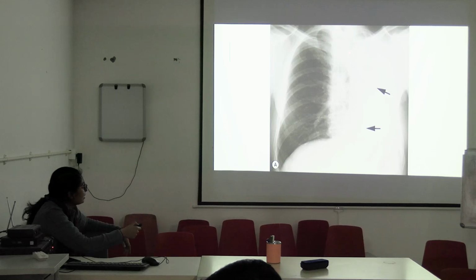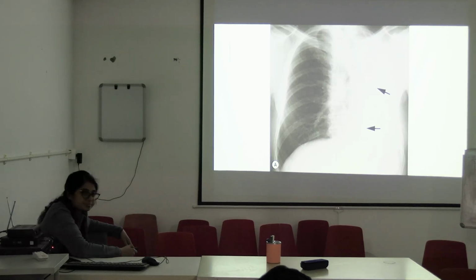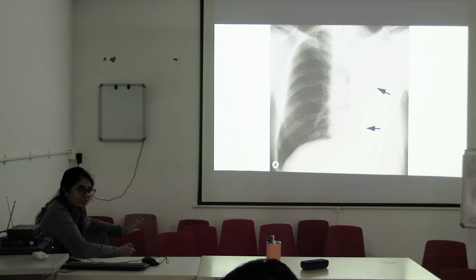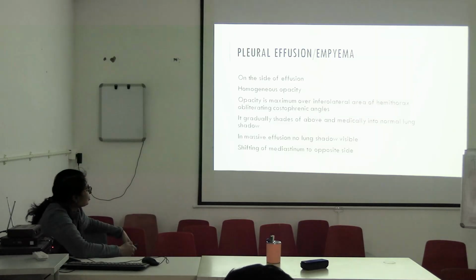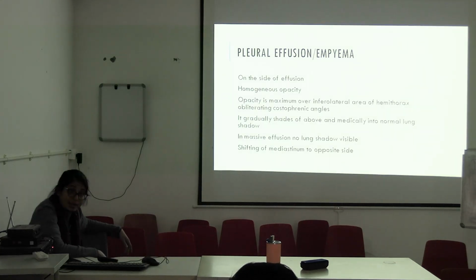Trachea, trachea, trachea. This is the carina. Right bronchus, left bronchus. Understood? So the trachea has been pulled to the left and you cannot see the heart at all. It is totally on the left side. Understood? Okay. Now we will talk about pleural effusion or empyema.